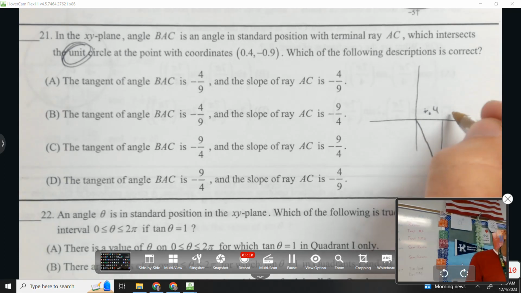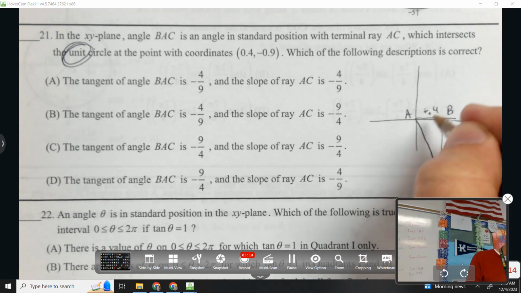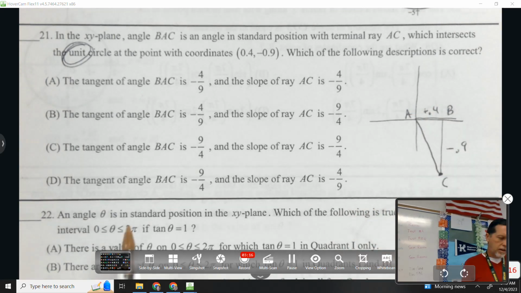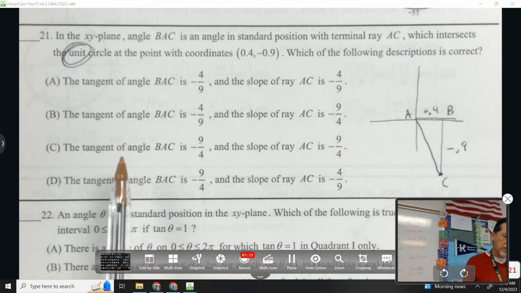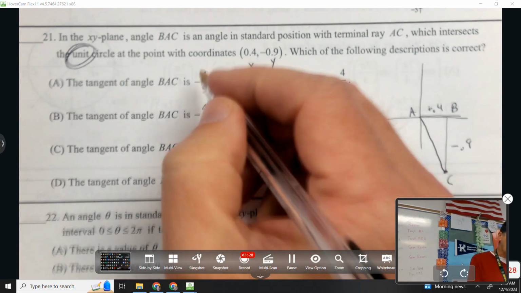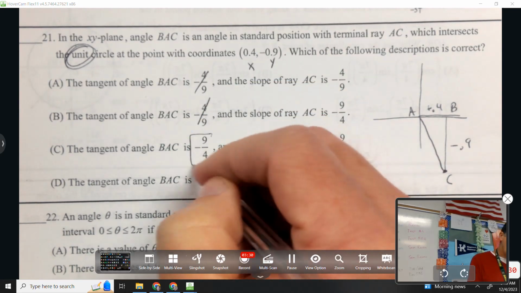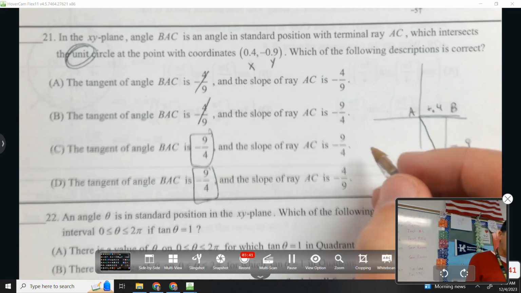The angle BAC. Tangent is opposite over adjacent, or y over x. So that would be negative 9/4. So C or D. And the slope is change in y over change in x.